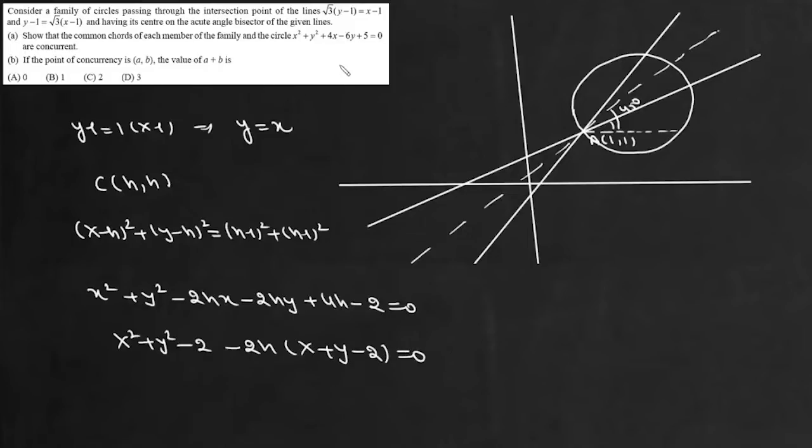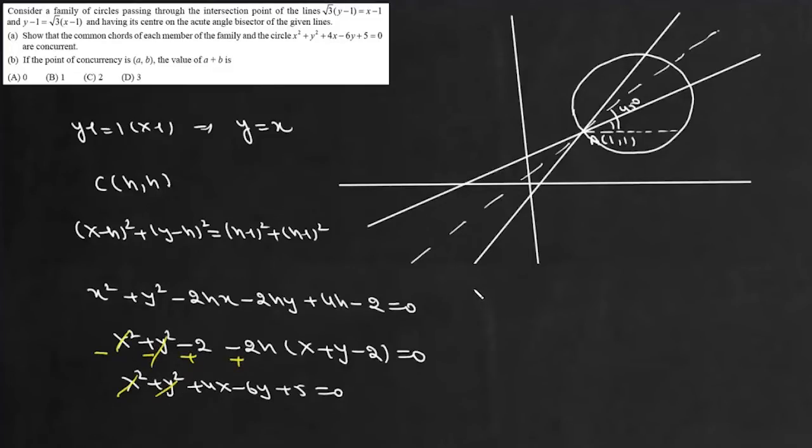Now the equation of this other given circle is x square plus y square plus 4x minus 6y plus 5 equals 0, and the equation of the common chord is given by the radical axis of the two circles. So we'll subtract this first equation from the second. So this x square y square will cancel.